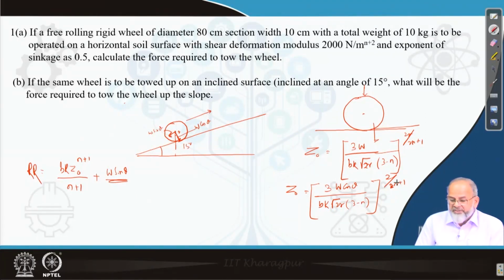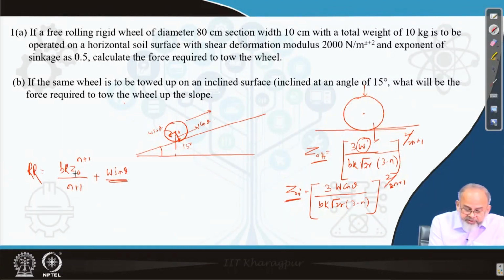So the difference is, instead of W which we have taken for the horizontal surface, this is Z0H for the horizontal surface, this is Z0I for the inclined surface. This difference has to be incorporated, then only we will find out the corresponding sinkage.